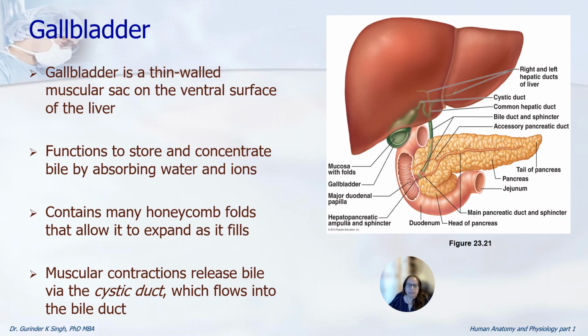So let's talk a little bit about the gallbladder. A gallbladder is a tiny little pouch or sac which is thin walled, and it is a muscular sac present on the ventral surface of the liver. The major function of the gallbladder is to store as well as concentrate the bile by absorbing water and ions from it.